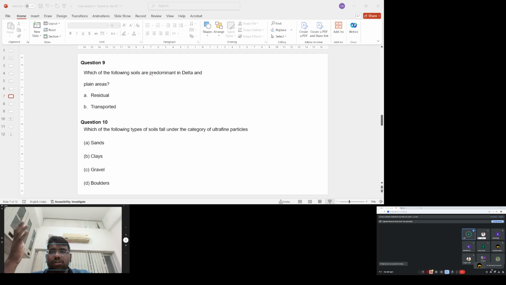But since their particle sizes are the same, they are poorly graded.